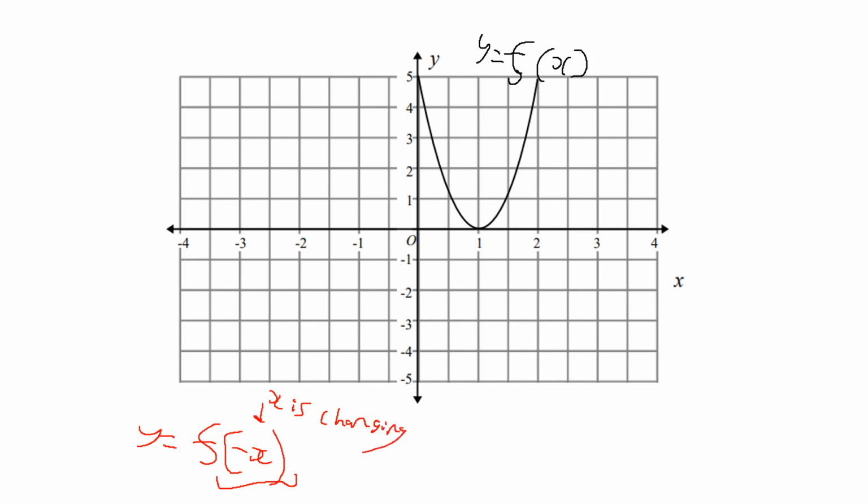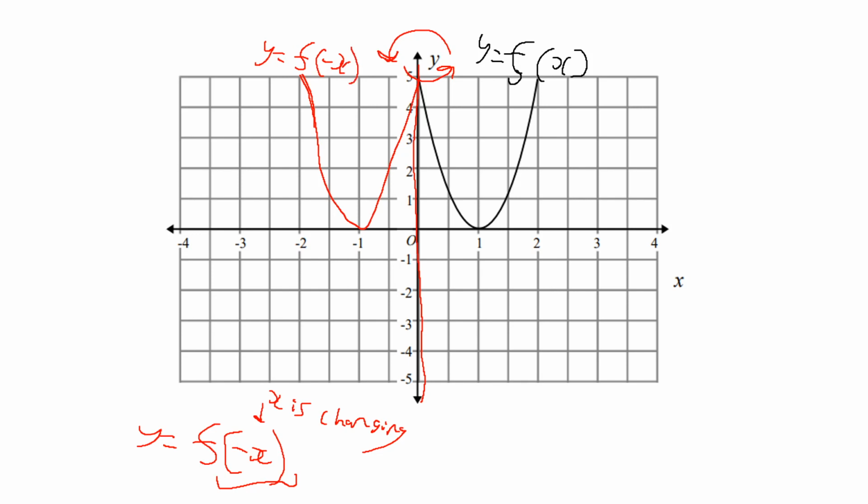So in order for x to change, we reflect it on the y-axis. Therefore our graph will look something like this. All we've done is reflect this on the y-axis. So this is y equals f of minus x.